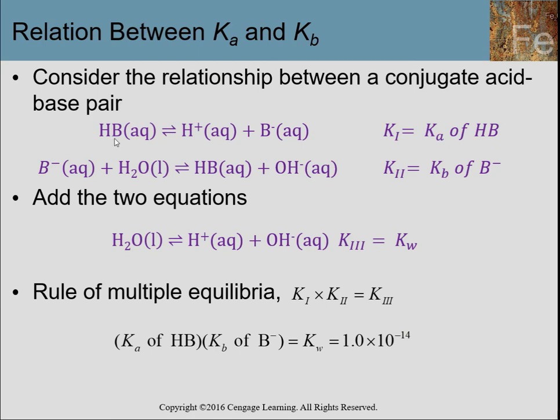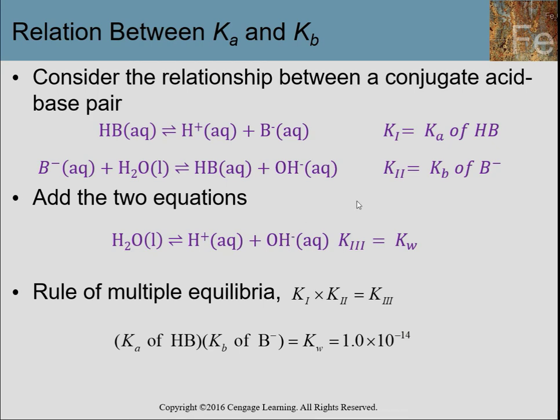HB is an acid. When it dissociates or ionizes, it becomes hydrogen plus the B. The B is the conjugate base of the HB. And if I were to react that with water, I would get HB and OH.